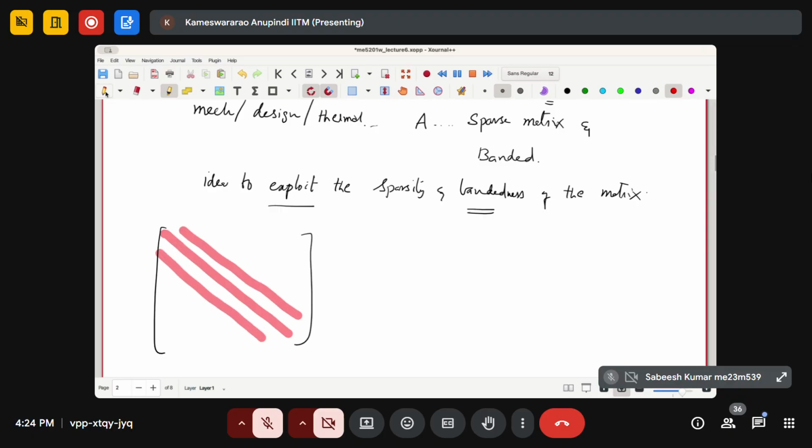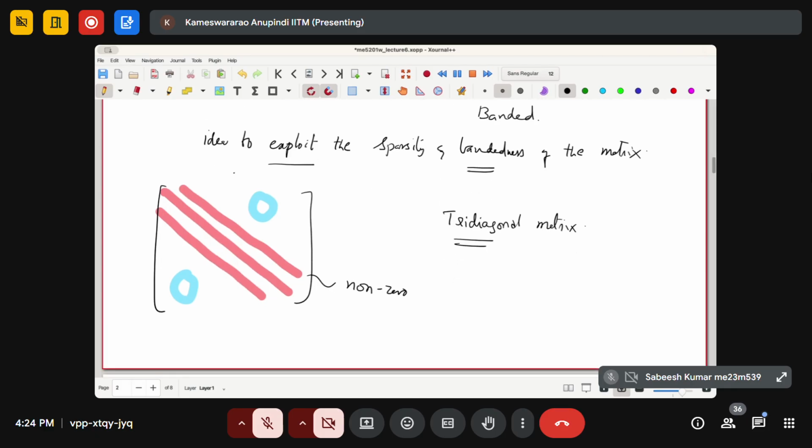Only along these are the elements non-zero, and all other elements on the top and bottom are going to be zeros. This particular form is known in the literature as a tridiagonal matrix, because it has non-zero elements only along three diagonals.